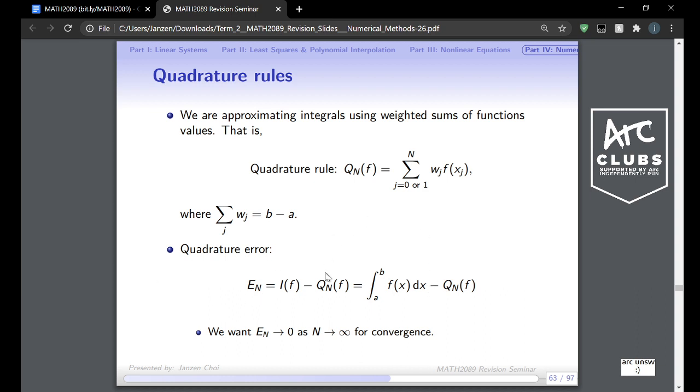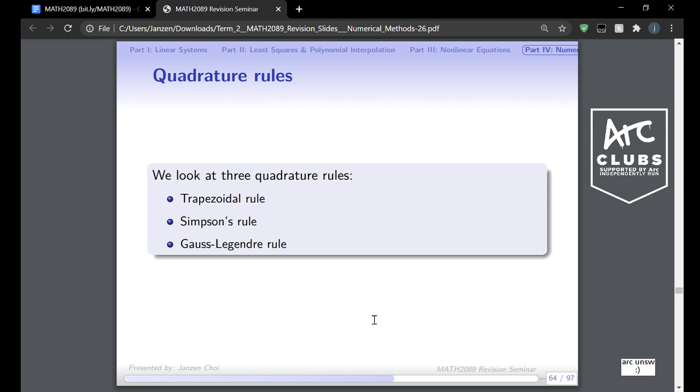So we want our approximation to be accurate as the number of subintervals increases. These are the three quadrature rules taught in the course: trapezoidal, Simpson's, Gauss-Legendre.